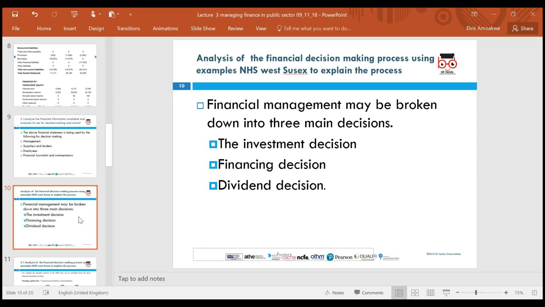So for investment, we need the financial statement.